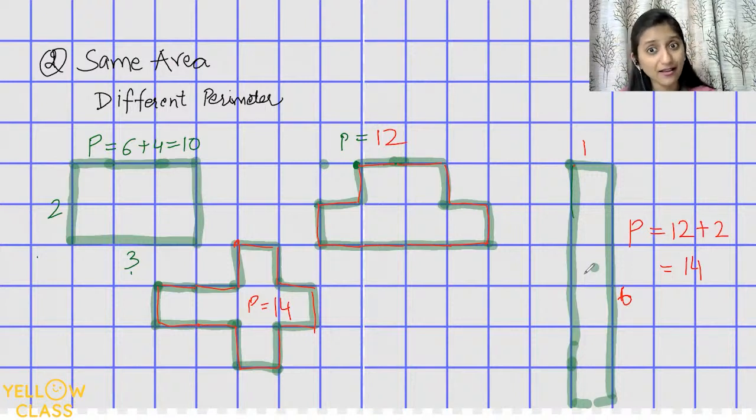Whereas in area, I am looking at the squares, how many squares I am covering. So that way it becomes easy for us to do, right? Yes, keep on trying various shapes. So see how quickly we made 4 of these shapes having the same area.